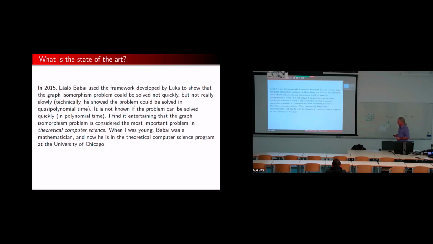And Babai is not in the math department at the University of Chicago. He's in theoretical computer science. One thing that this sort of shows you is the overlap between graph theory and this other field, theoretical computer science.